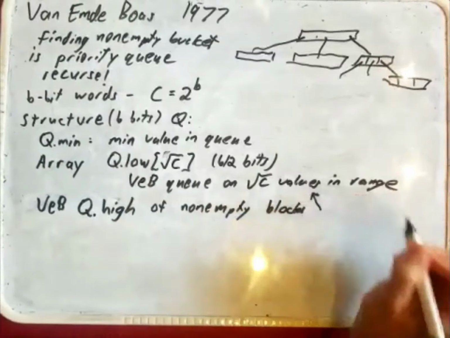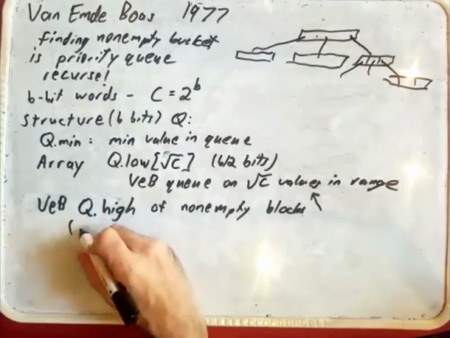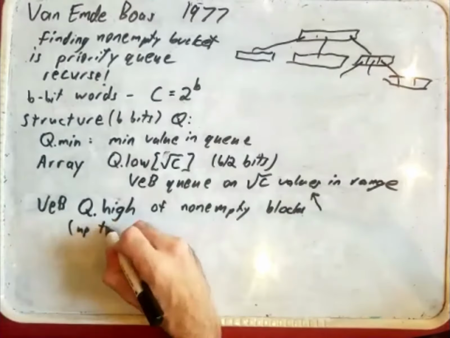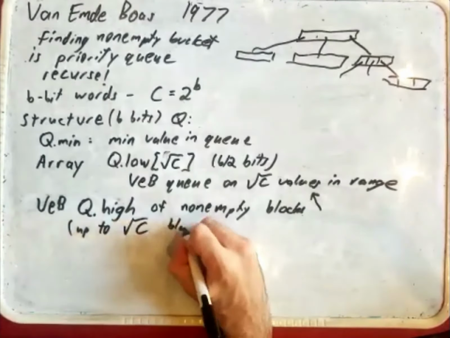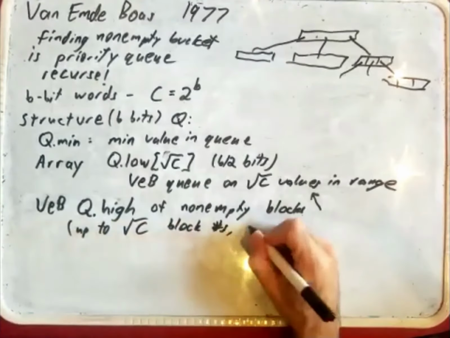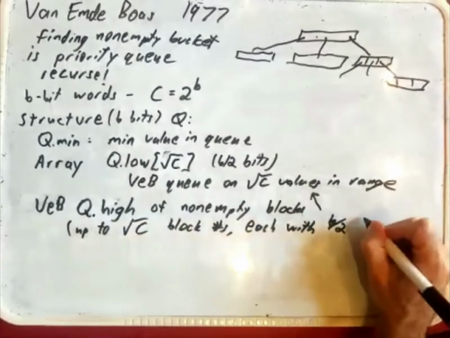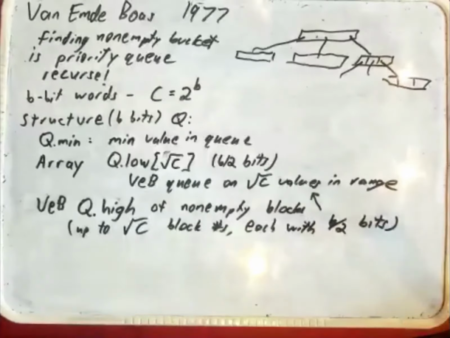So we've got these root C blocks in the q.low array, and we keep track of which of those blocks is non-empty in the q.high array. Notice that q.high is storing up to root C block numbers, and each of them is going to have B over 2 bits because there are square root of C of them.